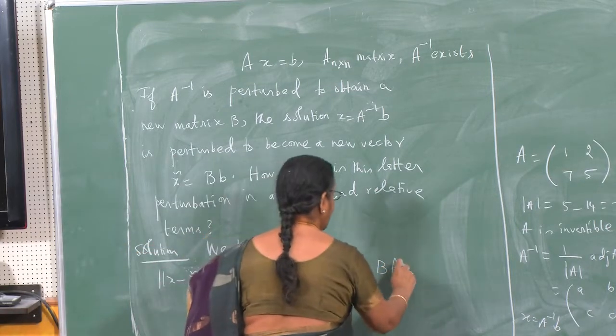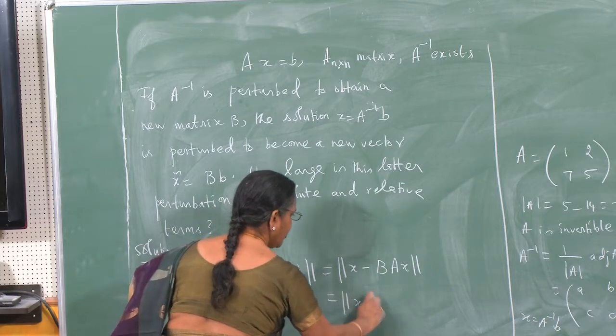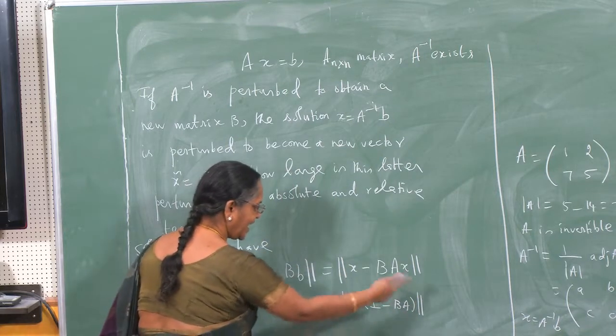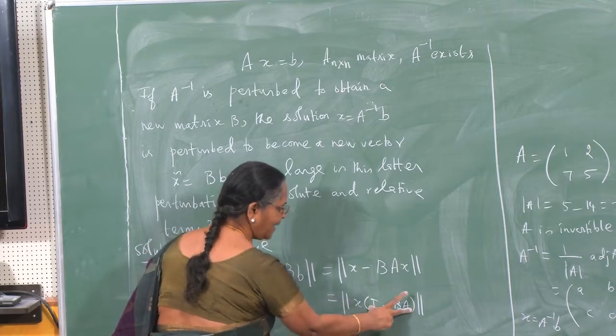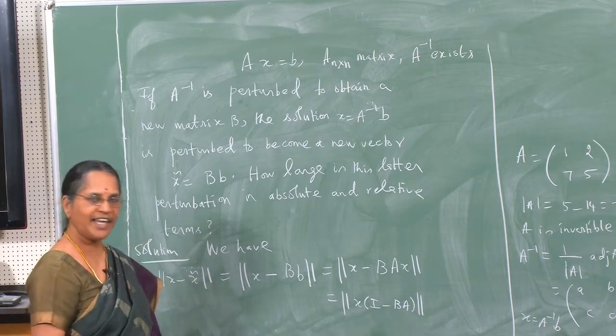So, x minus BA into x, which is (I minus BA) into x. So, I have something like a vector multiplied by a matrix. I is the identity matrix of the same order as that of A.